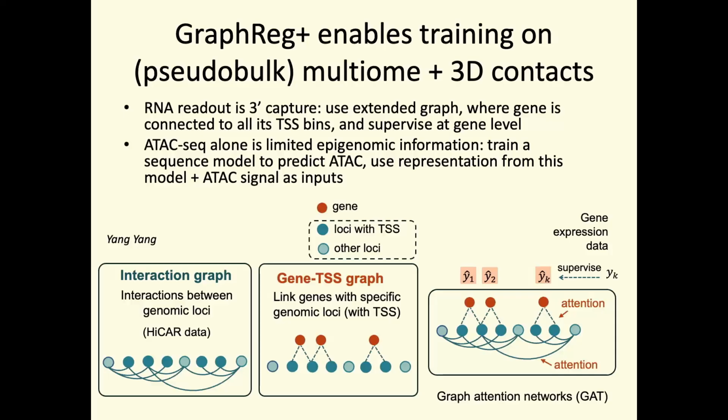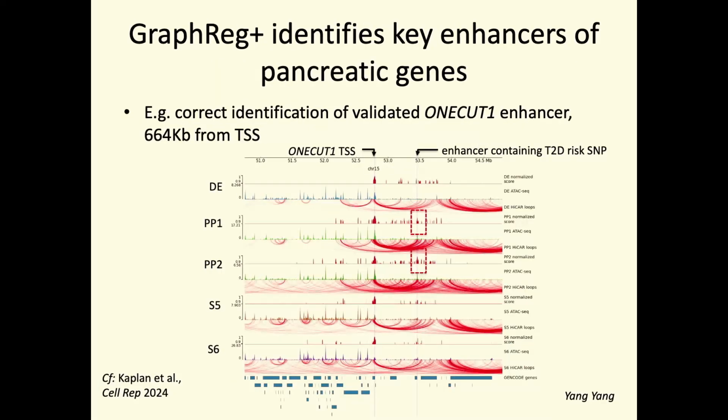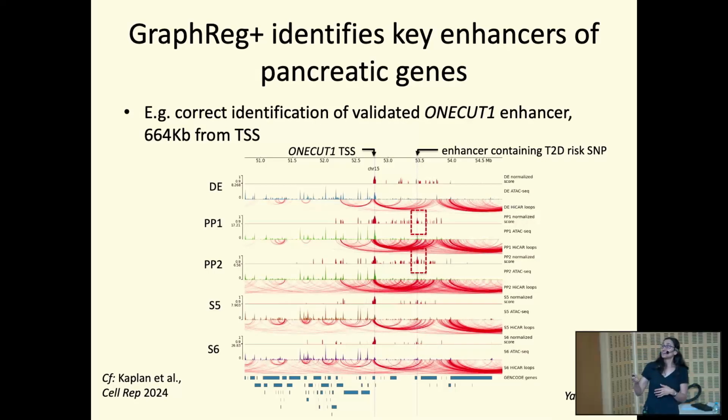So representation from a sequence model plus ATAC-seq signal, and that's our input, and that works well. Okay, and now we can train this model on pseudobulk and start looking at feature attribution. So this is just gradient by input feature attribution.